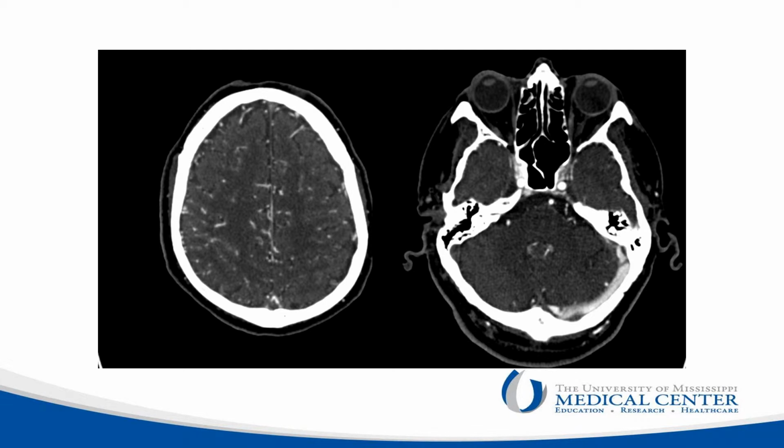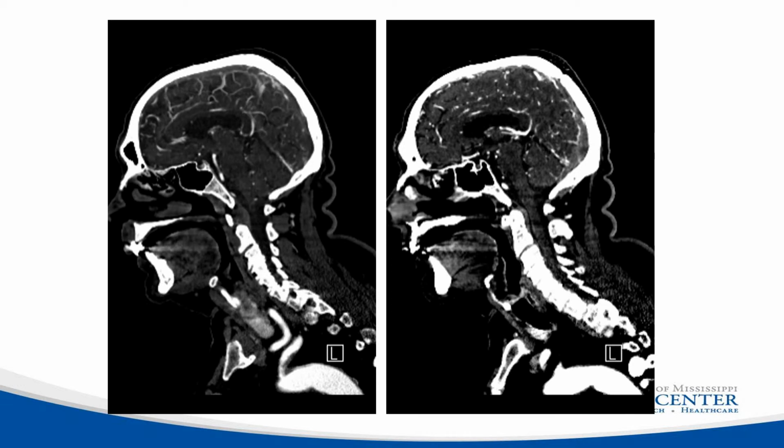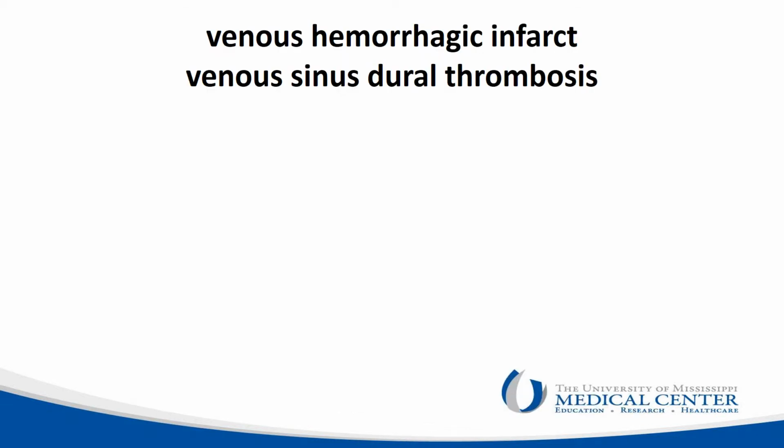A CTA was performed, and notice the absence of normal opacification of the superior sagittal sinus on the left image, and absence of opacification of the right transverse and sigmoid sinus junction on the left image. When we look at the CTA, we can see that the superior sagittal sinus is not opacified. That is venous sinus thrombosis with the venous hemorrhagic infarct.